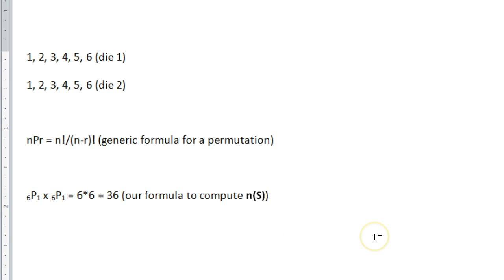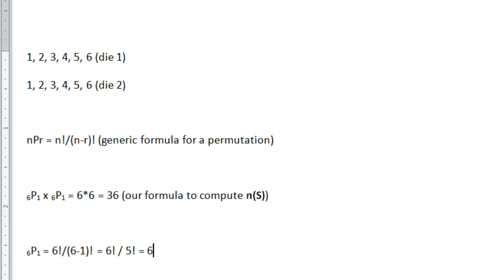But how does this look? Well, let's focus on one of these permutations. 6 permute 1. So how many ways can you arrange one object if you've got 6? Well, we've got our answer, 6 factorial divided by (n minus r) factorial, which happens to be 5 factorial. So 6 factorial divided by 5 factorial.